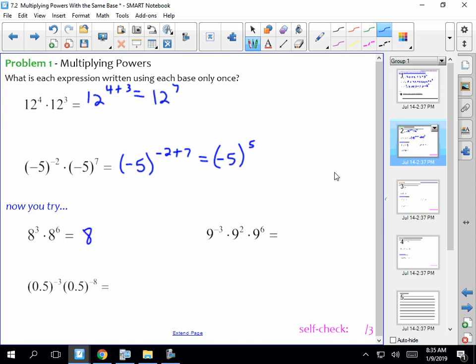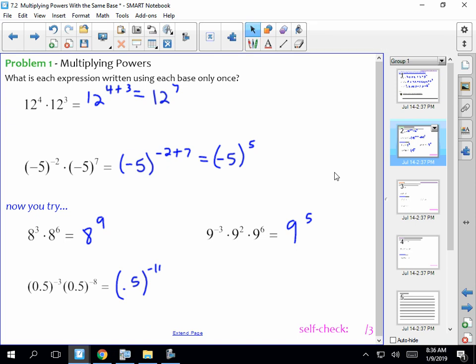This would be 8 to the 9th. Did you get that? What'd you get on this one? Yeah, so you got to deal with that negative power. And then this one is 0.5 to the negative 11. So that's the new rule. When you're multiplying the bases that are the same, you just copy down the base once and then add the powers. Okay?